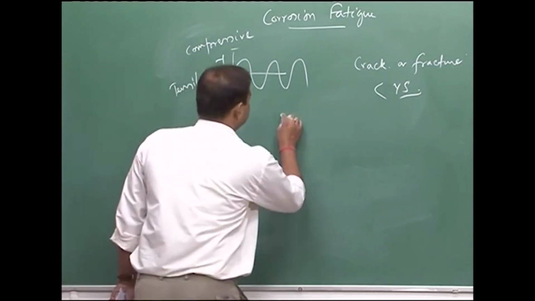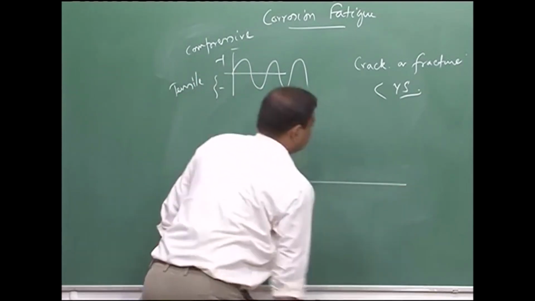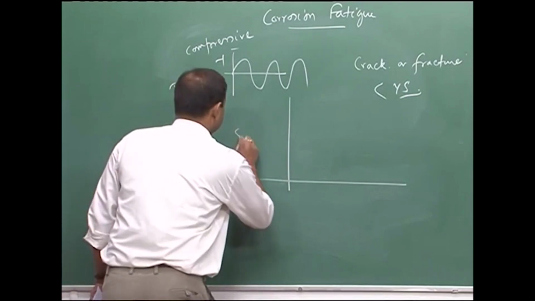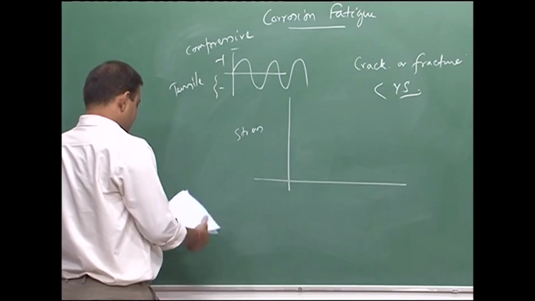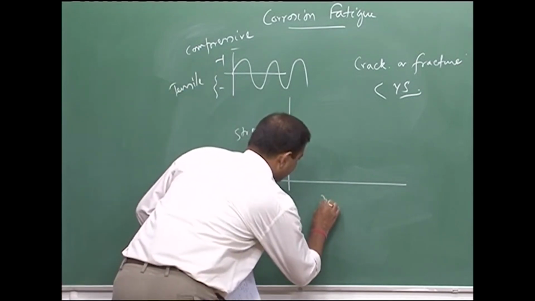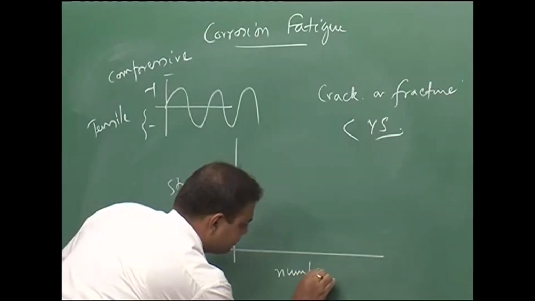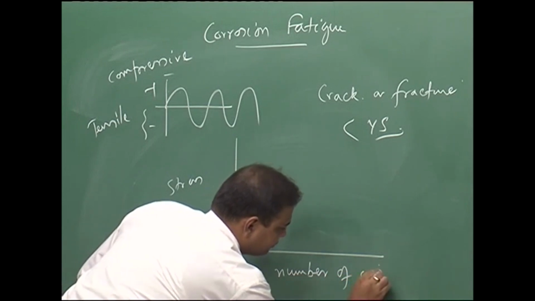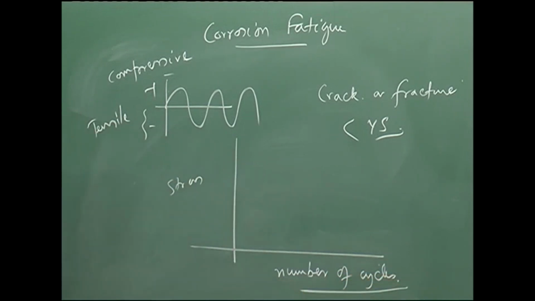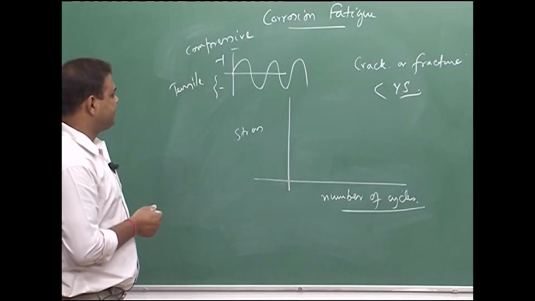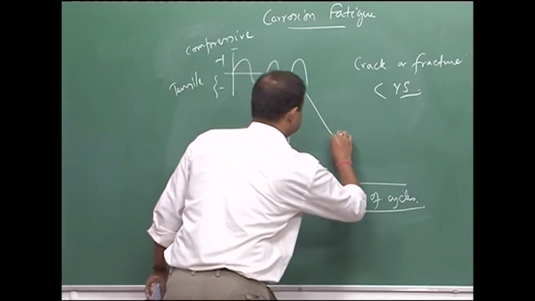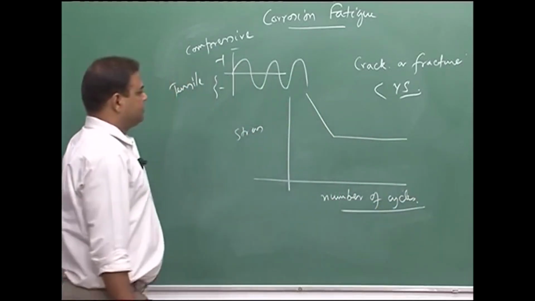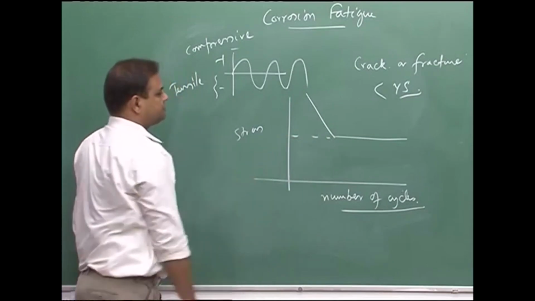If you would like to see the stress level and then the number of cycles at which we have the fatigue crack formation or fatigue fracture, for a particular steel, let us say the curve is like this. So, this is my fatigue limit.